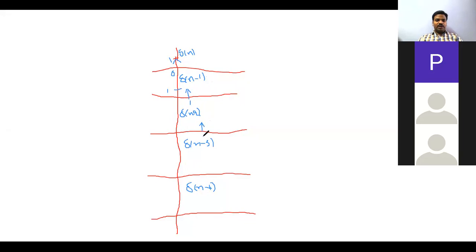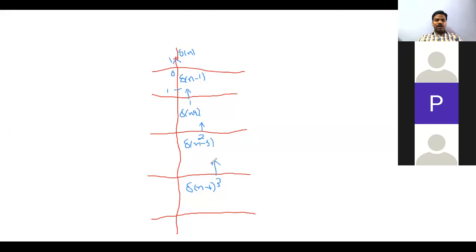Obviously you will get delta of n minus 2 equal to 1 at n is equal to 2. Now again delay by 1 more unit, so you will get this one at 3. Now delay delta of n minus 3 by 1 more unit, so delta of n minus 4 is equal to 1 at n is equal to 4. Likewise, we will go on up to k or up to infinity also.